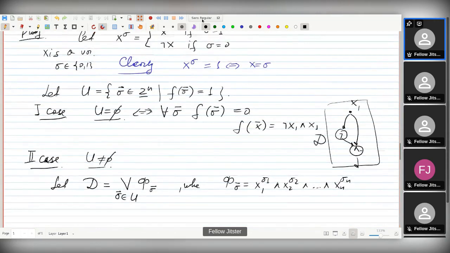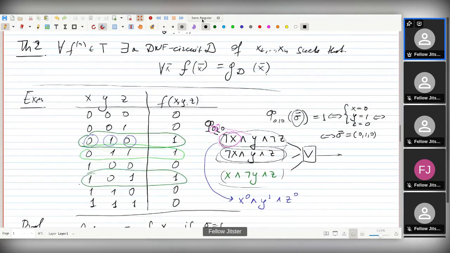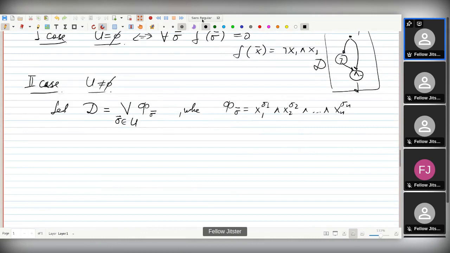This very object. So here we have phi of 0, 1, 0: the first variable to the power 0, the second one to the power 1, the last one to the power 0. Okay, clearly.